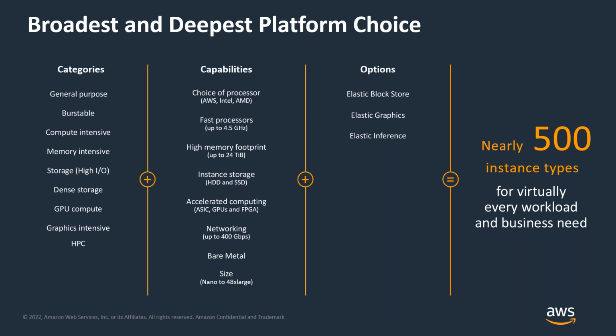You can run compute intensive workloads on our latest generation of AMD instances, such as the Hpc6a, which is the focus of today's webinar, or Intel or AWS-made Graviton instances. And you can add options such as high networking, Elastic Block Store, and FSx for Lustre to go with all that. So as all this comes together, we have more than 500 instance types to support virtually every workload and business need, and we plan to continue adding more.